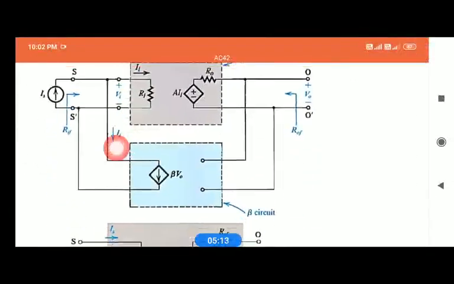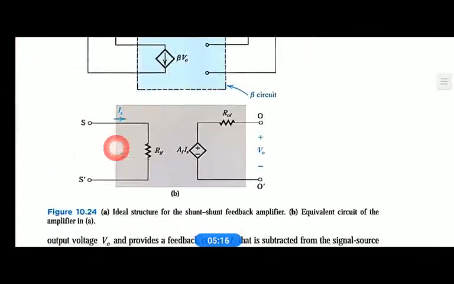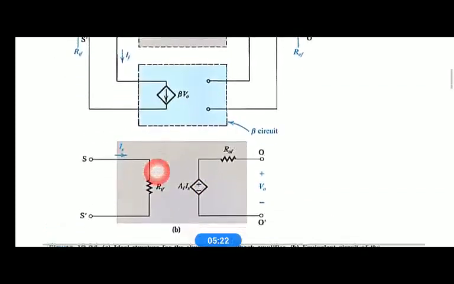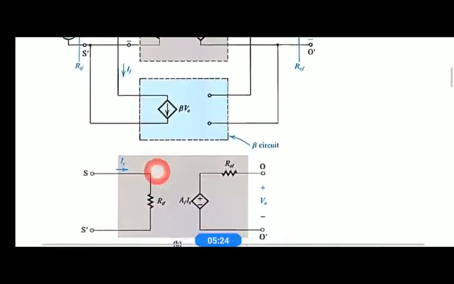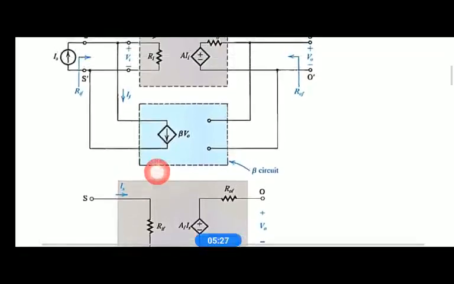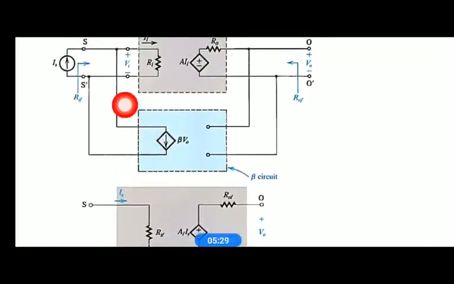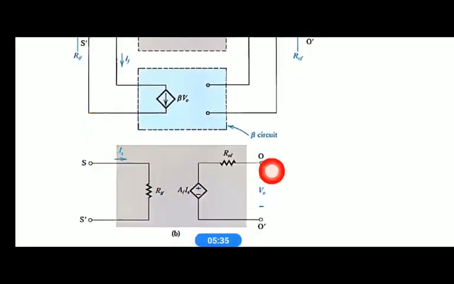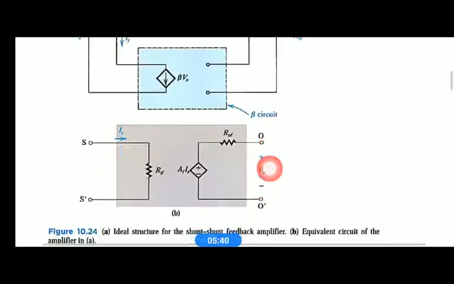So the equivalent circuit for this amplifier is shown here. Here you can see we are applying the current source between S and S dash, which gives the input current IS, and we are taking the output voltage between O and O dash.